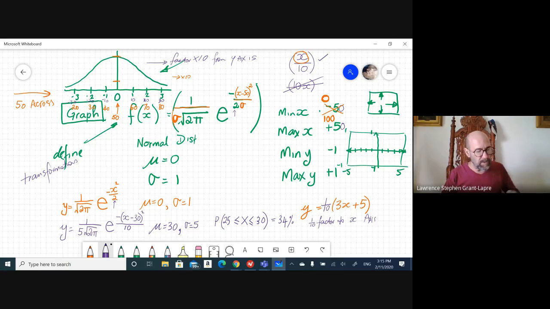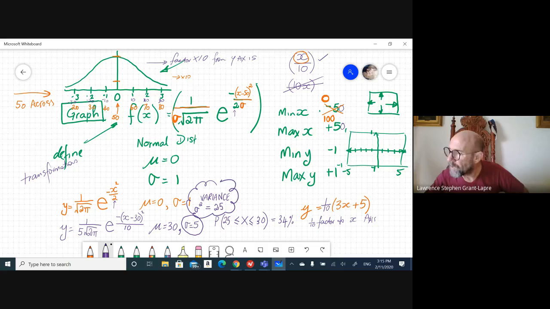Don't worry too much about questions that talk about finding the variance at the moment. By the way, if the standard deviation is 5, what will the variance be? The variance is standard deviation squared, which is 25.